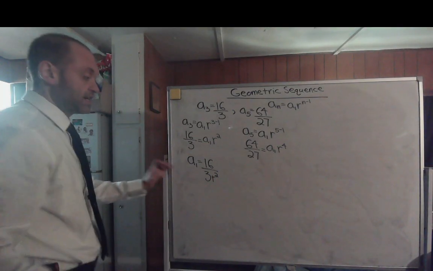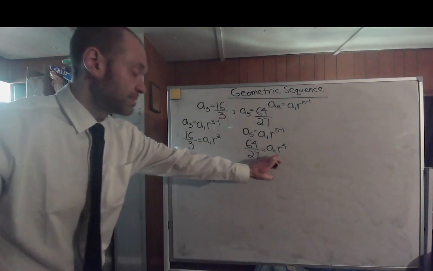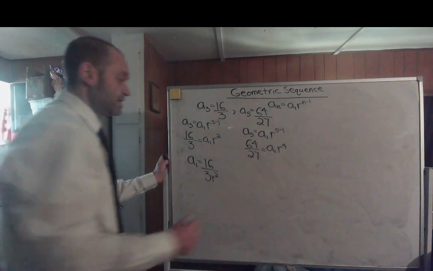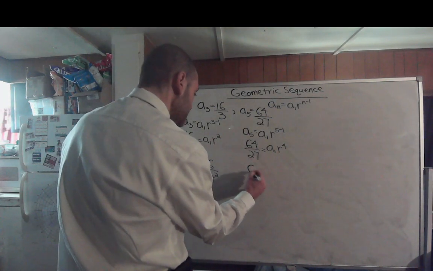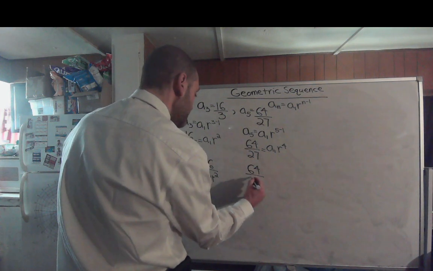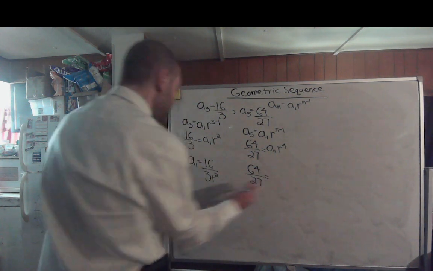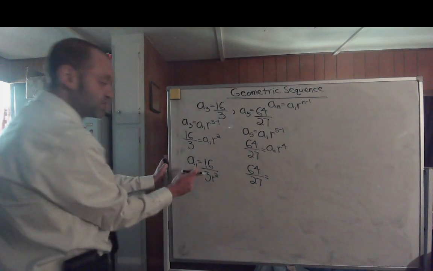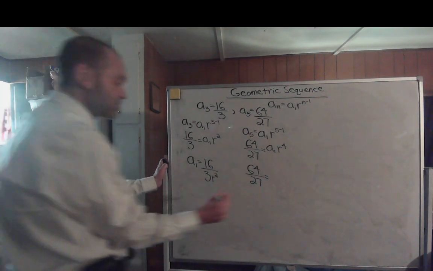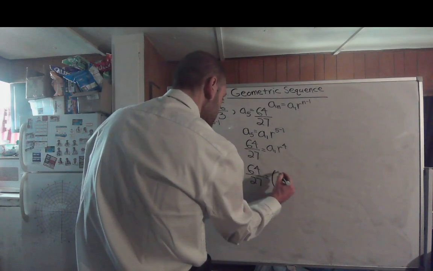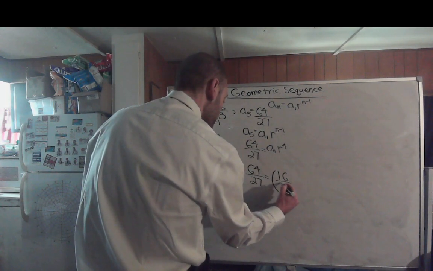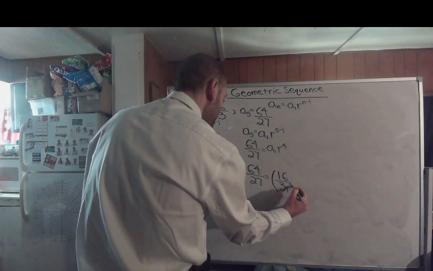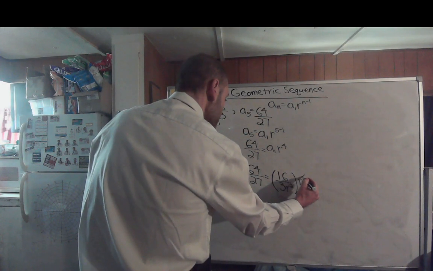That is going to come in handy because now we can substitute it into this side. So that we could say 64/27 equals my a sub 1. Substitute that 16 over 3r squared in. Equals 16 over 3r squared times r to the 4th.